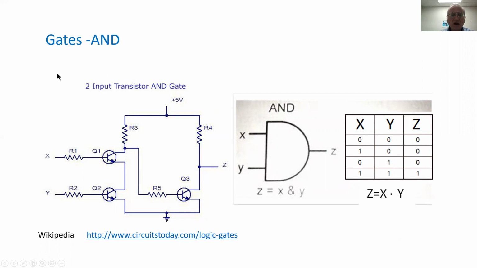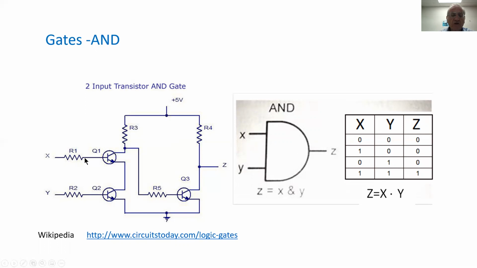We see the configuration of the circuit over here. We have the X and Y coming in through a resistor into the amplifier, into the transistor. We have a 5-volt DC that can only be transferred to the ground if both X and Y are active.